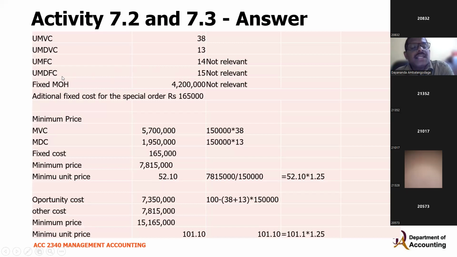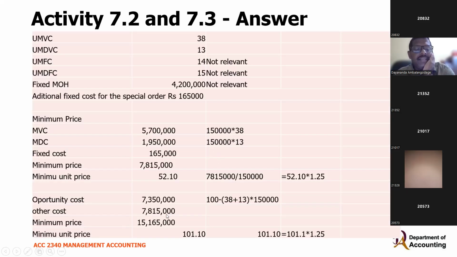Also the fixed manufacturing overhead was not relevant. The 165, which was relevant, we considered. So we took all relevant costs and ended up with the minimum price as 52.10 cents.